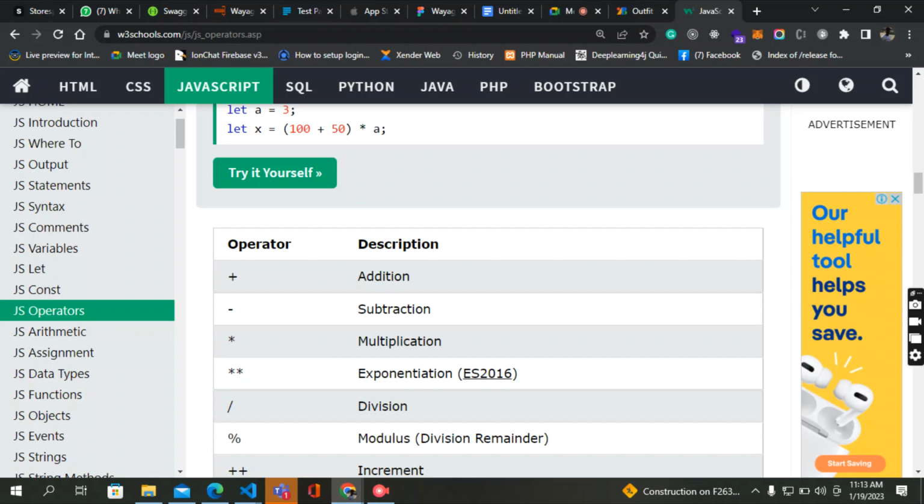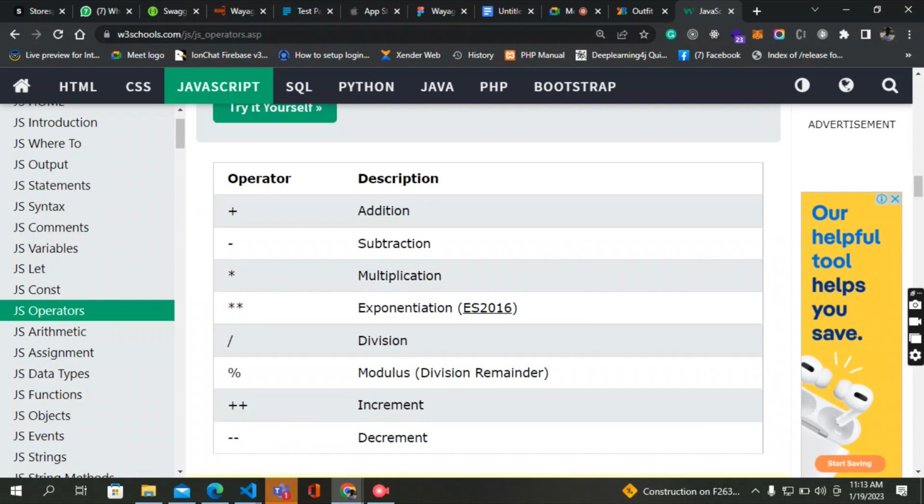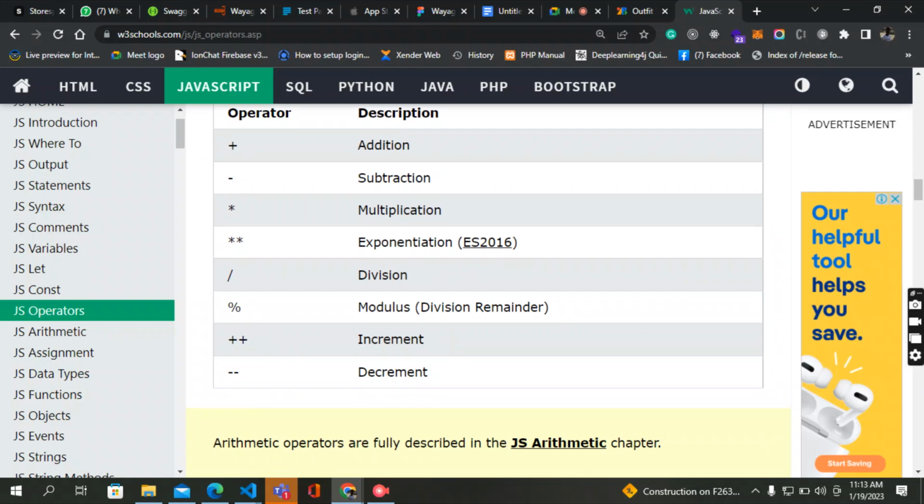There are some advanced or extra ones that you may not know, something like this one, which is division, and modulus. Have you heard of modulus before? Okay. Increment and this.